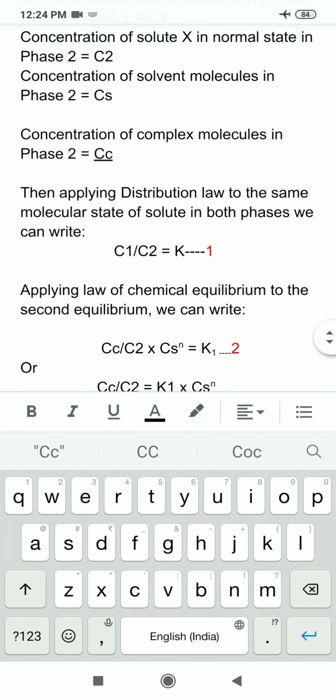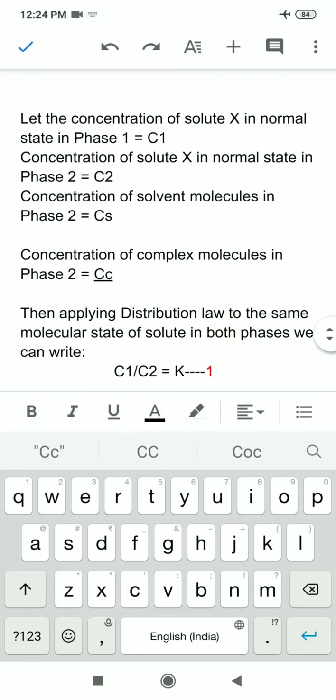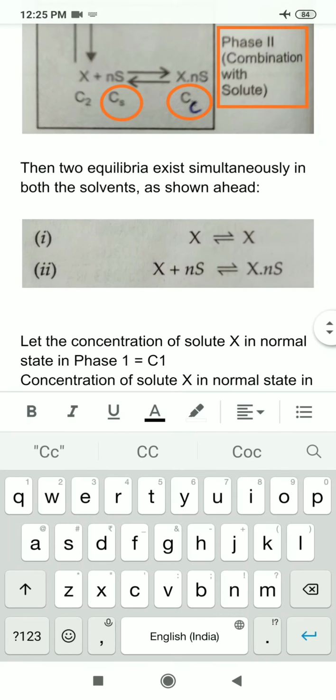Now applying law of chemical equilibrium to the second equilibrium, which is X plus nS in equilibrium with XnS. You have already studied the law of chemical equilibrium, which states that the ratio of the molar concentration of the products to the reactants is constant, equal to equilibrium constant.